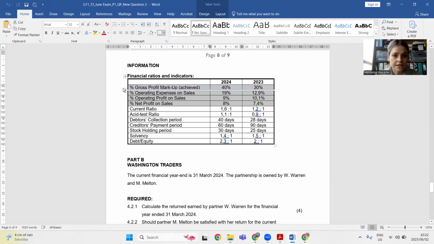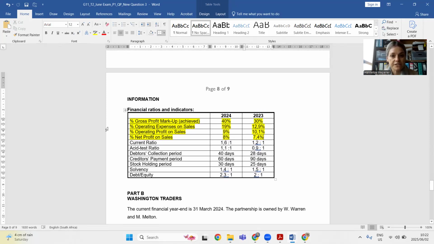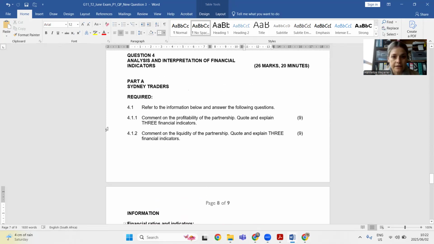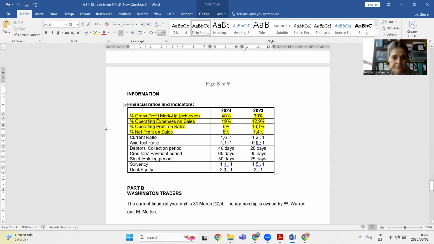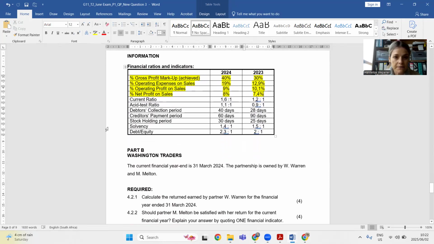That is your percentage gross profit on markup, your percentage operating expenses on sales, operating profit on sales, and then your net profit. Anything with sales, cost of sales, profits, operating expenses will be for your profitability. And that's the only information that we have received from them.